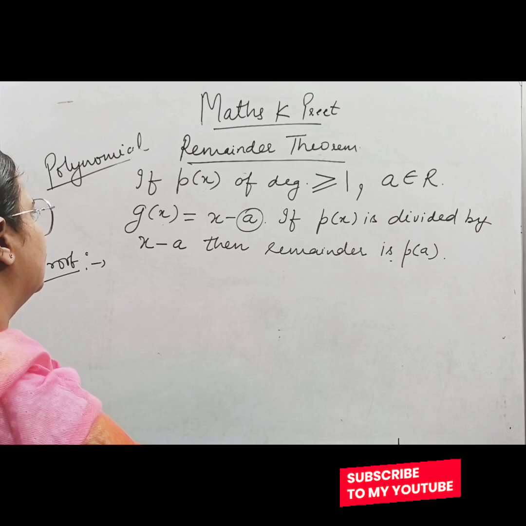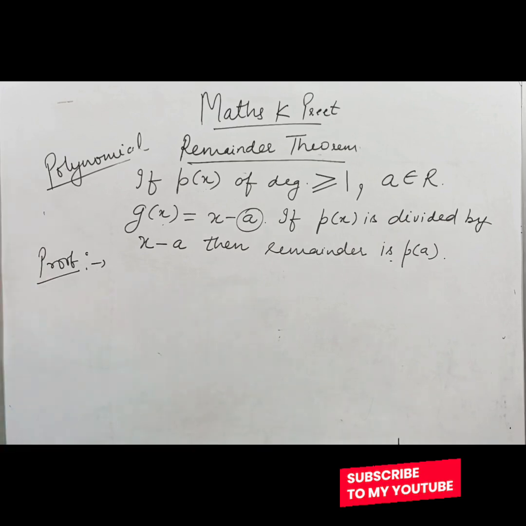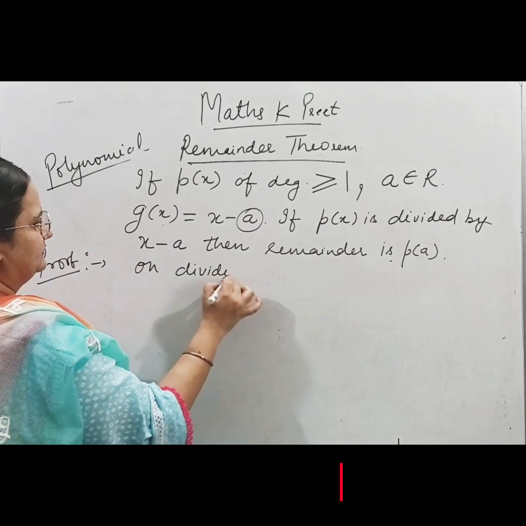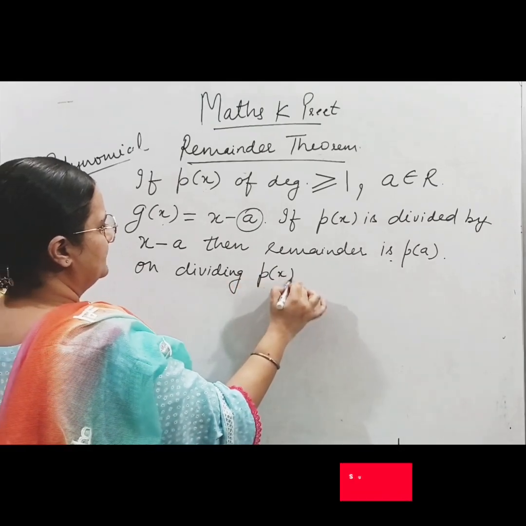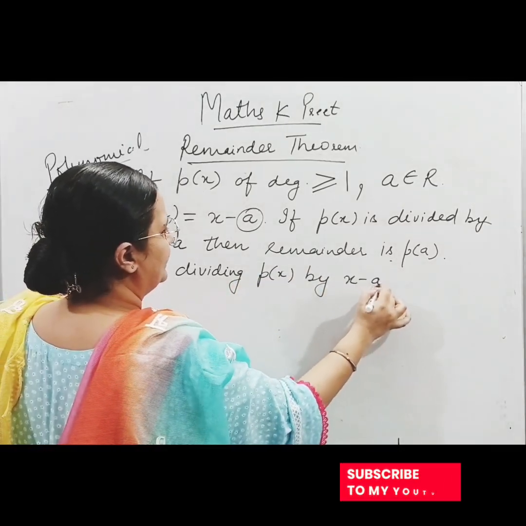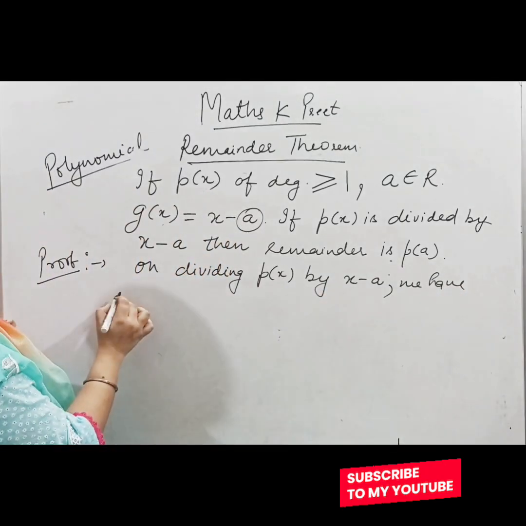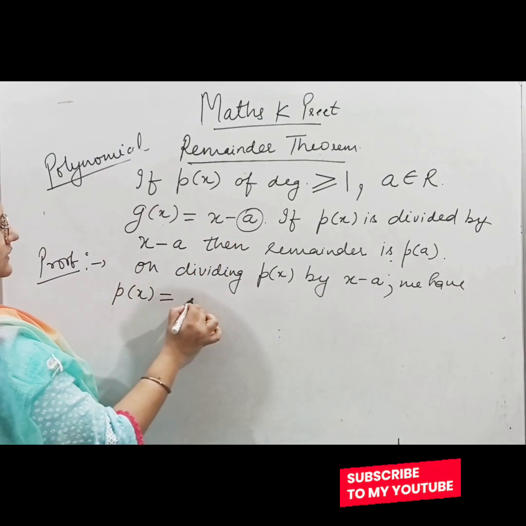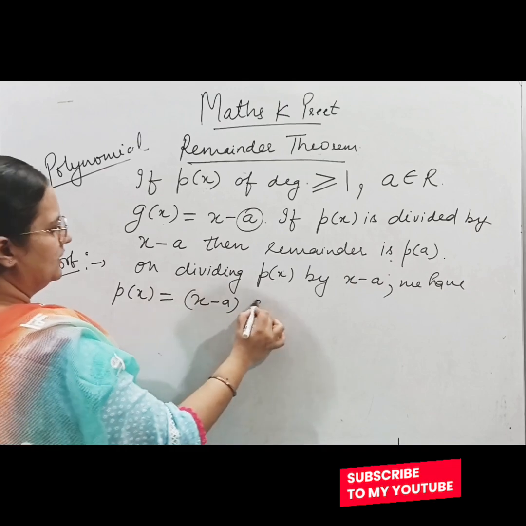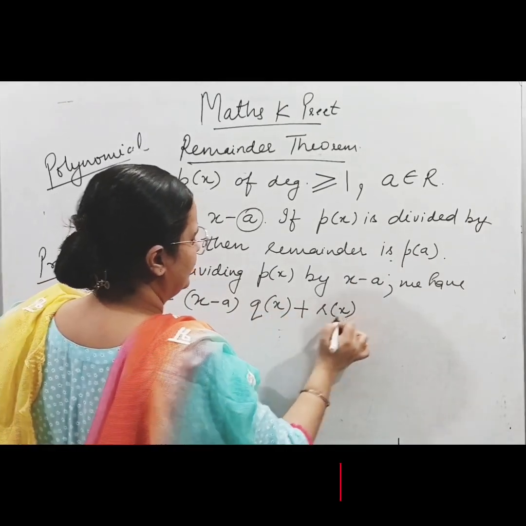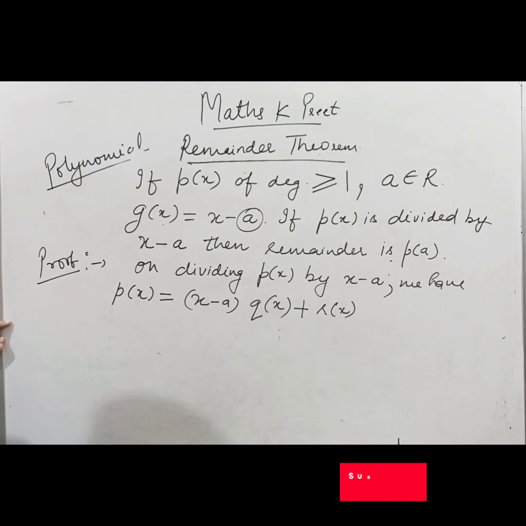So if p(x) is a polynomial of degree greater than or equal to 1 and we are dividing this p(x) by g(x), on dividing p(x) by x minus a, we can write this dividend as the product of this divisor into some quotient, take it as q(x), plus some remainder, take it as r(x).